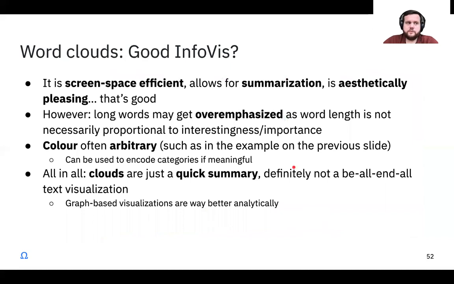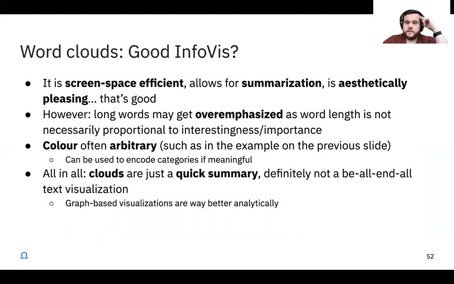Now, okay, so we have all these tag clouds and everything, but is it actually good in InfoVis, right? They are widely used, so they have stood the test of time. They are used in practice, but if we look at it in a bit more detail, the good thing is that they are screen space efficient, especially Wordles.